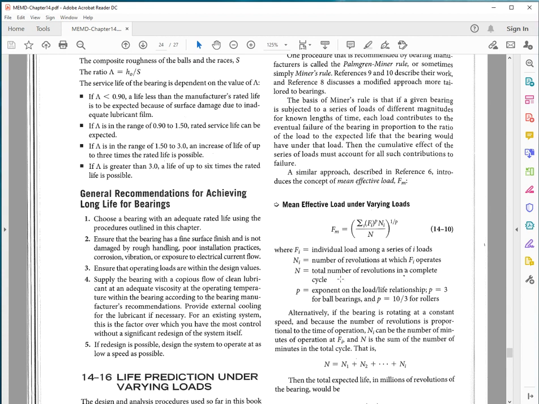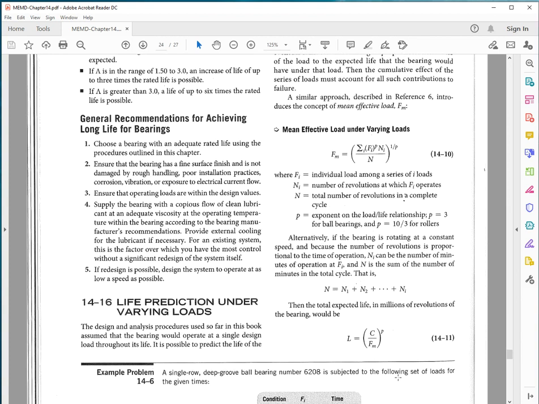So for constant RPM these could be units of time. Otherwise, I need to convert using the different RPMs. So there will be an index i for RPMs, and I'm calculating the corresponding Ni based on the time recorded, and you add all of them. So you just add the number of cycles.